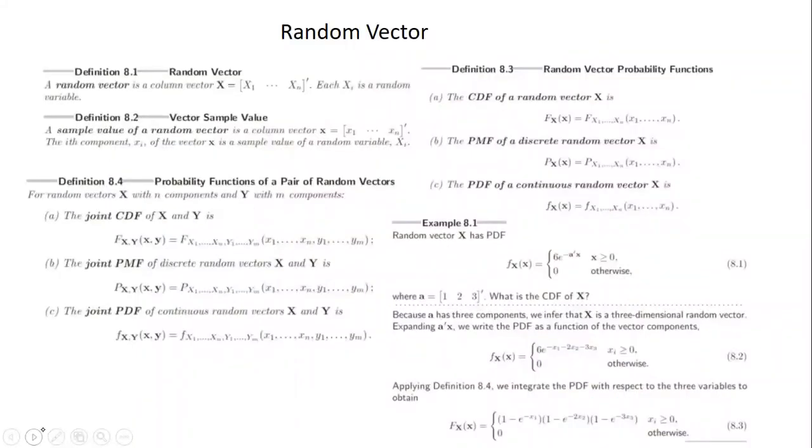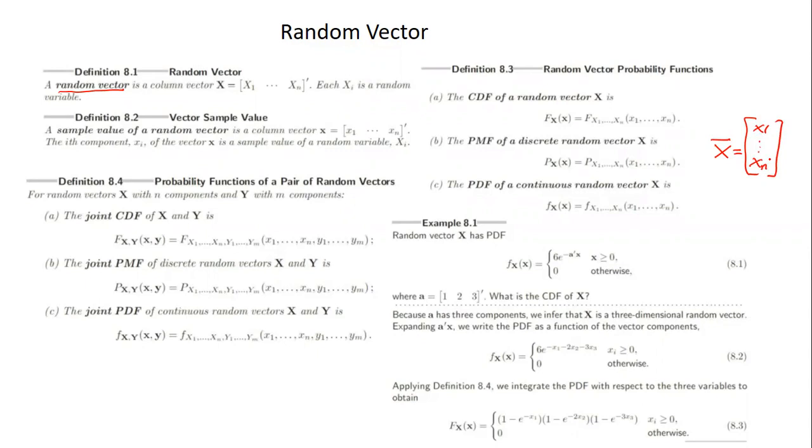Now here we have random vectors. In previous slides, we studied multivariate random variables, so multiple random variables. Now we define vectors. Here is how we define random vectors: X is x1 to xn, an n-dimensional vector.